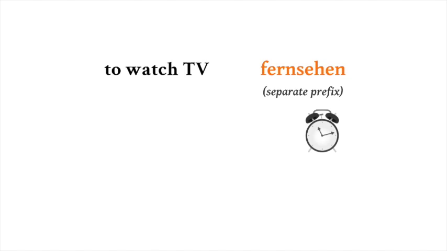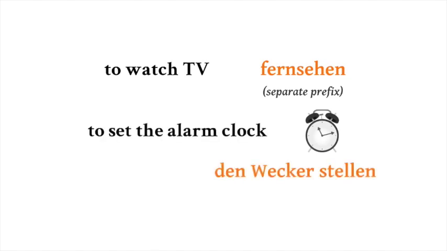To watch TV, Fernsehen. This verb is a separable prefix verb. And to set the alarm clock, den Wecker stellen. The translation of Wecker is alarm clock and it is masculine, der Wecker. Fernsehen, den Wecker stellen.